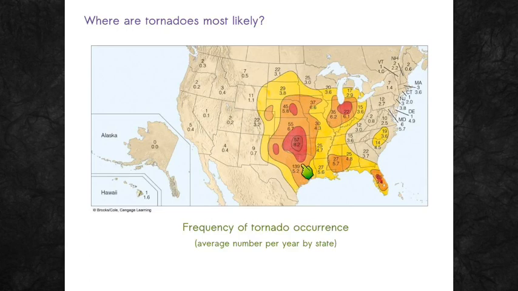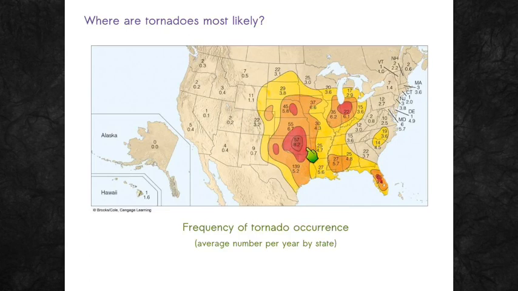By this measure, the bulk of the tornadoes are forming right in this region. This is your tornado alley. You've got 8.2 here in Oklahoma. That's the highest, 8.2 per unit area, whatever the unit area was. And then 4.7 for Arkansas, 5.7 for Alabama, Louisiana 5.6, 5.2 for Texas.